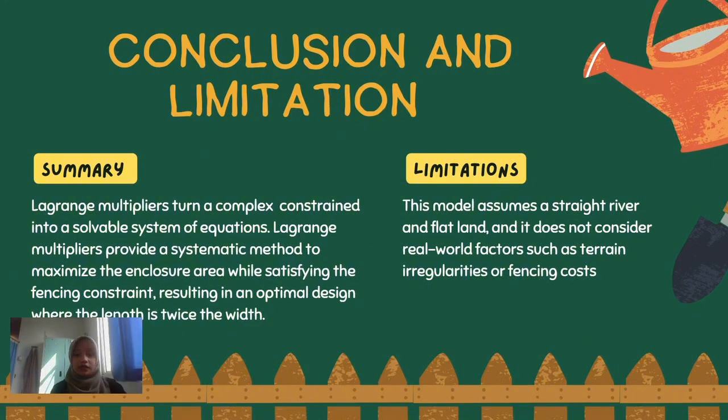However, it is important to note a few limitations. In this project, the model assumes a straight river and flat land, and it does not consider real factors such as terrain irregularities or fencing costs.